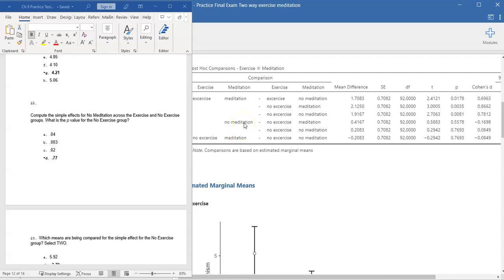So here's the exercise, no meditation. And then we also have the no exercise, no meditation. So this is the line we're looking for. And you can see that the p-value is 0.77.